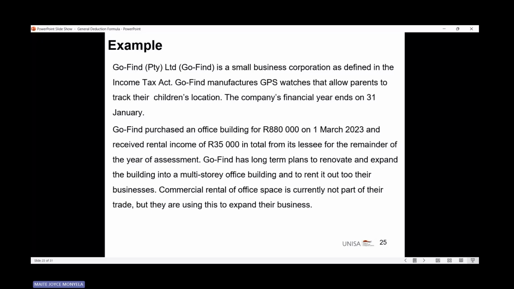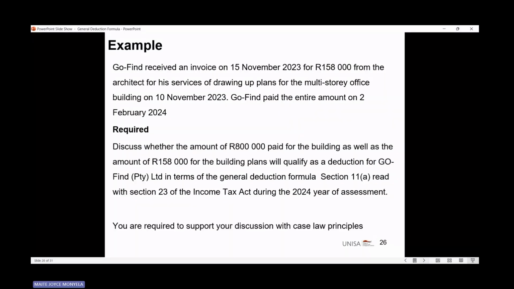We have this example. This example talks about everything that I talked about today. So let's go through an example and then I'll give you a minute to complete it before we discuss it further.